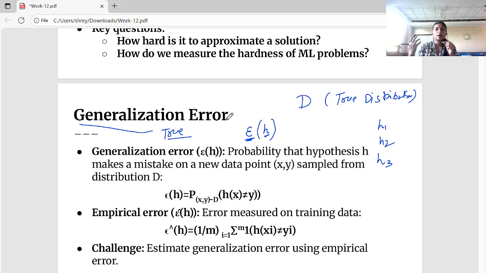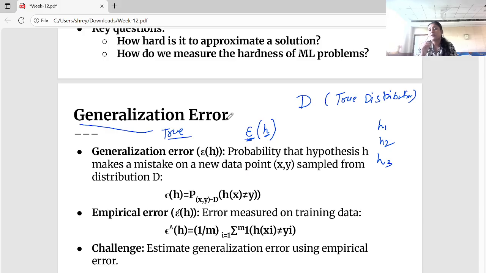Let's say your problem is to develop a model for identification of human faces. There are multiple types of human faces on the basis of race, gender, color, caste, creed, countries, and many other facial features. So you cannot include a data set which can give you the true distribution. Secondly, you don't know the true distribution in advance.